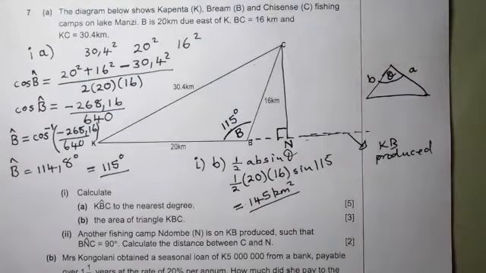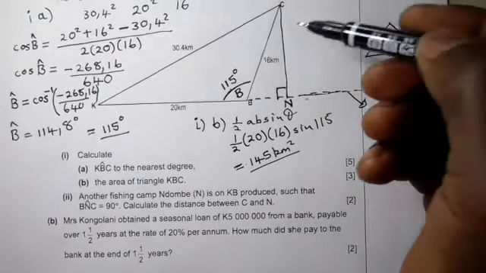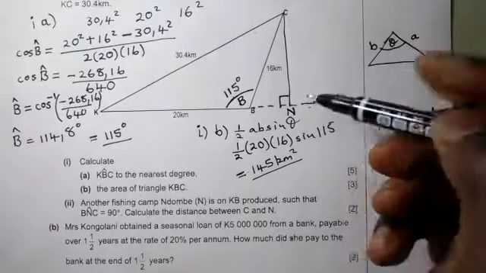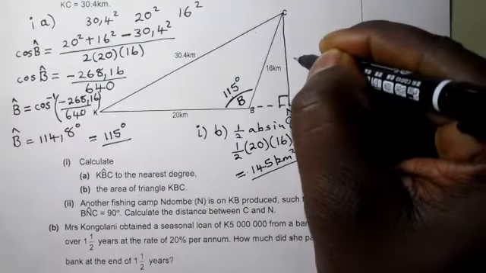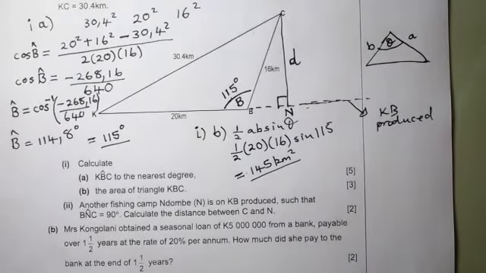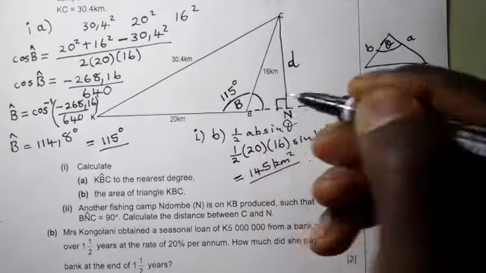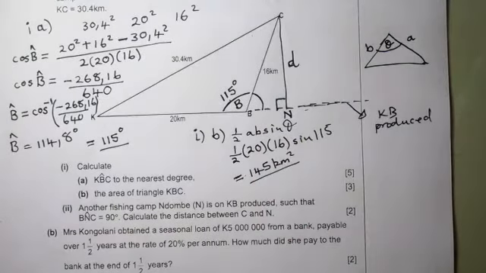Right. So, what is the requirement of the question? Calculate the distance between C and N. They want you to calculate the distance from C to N. So, let the distance be represented by D. You want to find this distance. You can notice that angles on a straight line add up to 180 degrees.